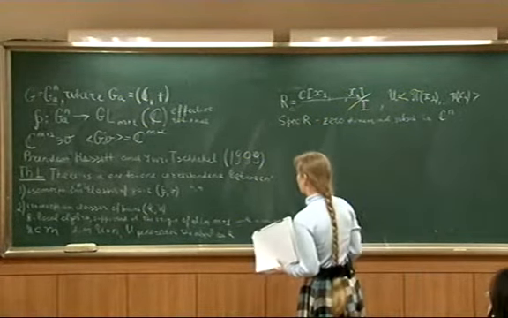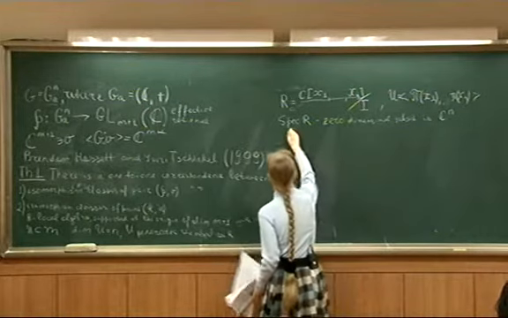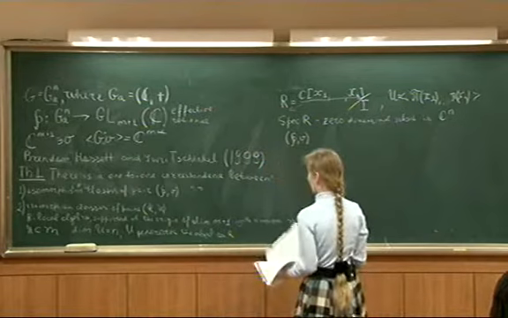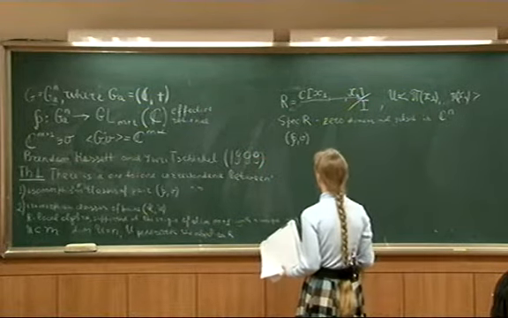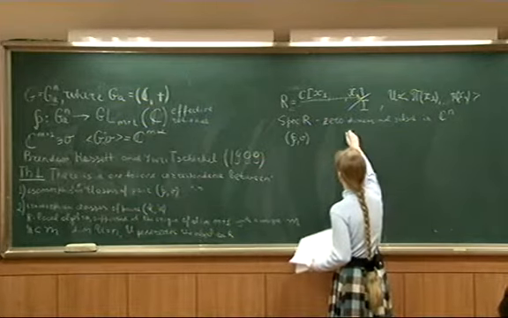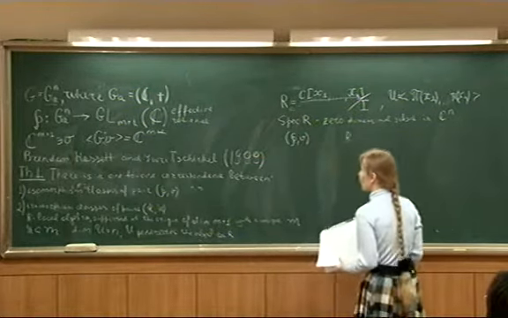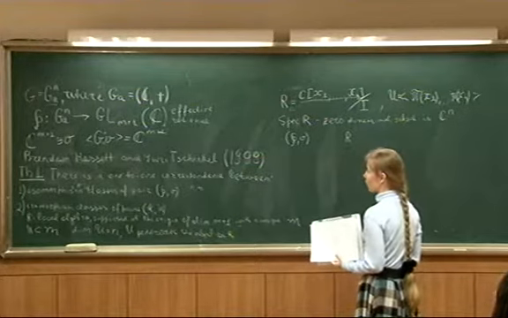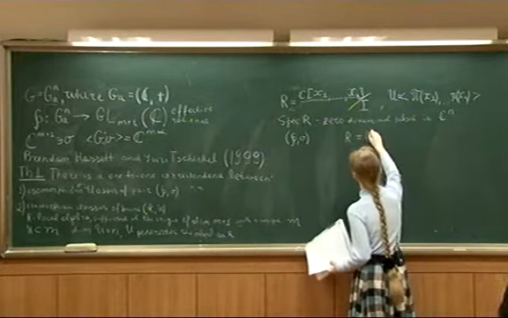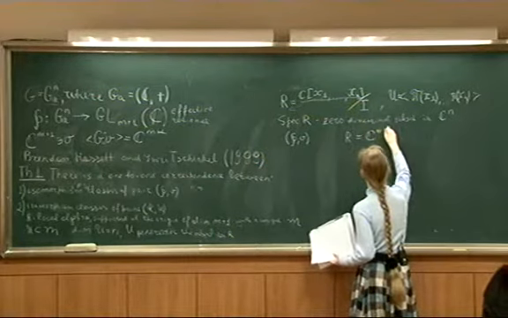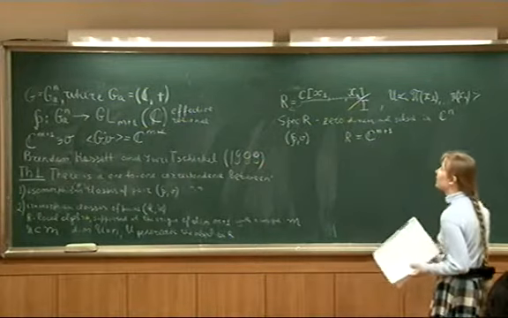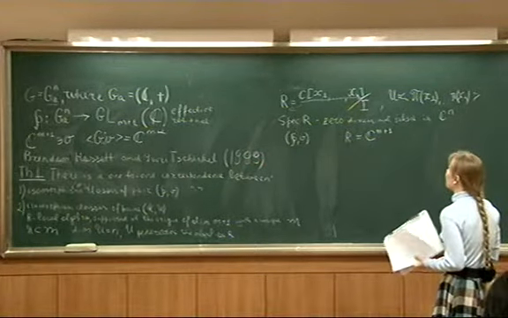Okay, the idea is that if we have the pair (rho, v), then we obtain the algebra R by introducing the structure of algebra in the space C^(m+1).